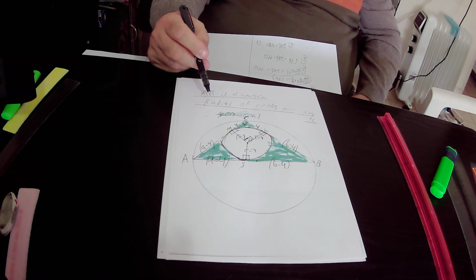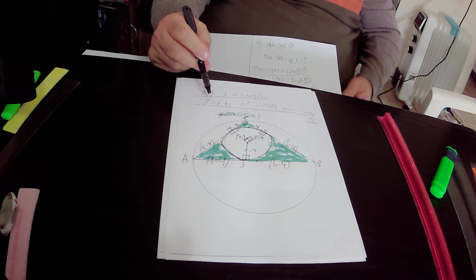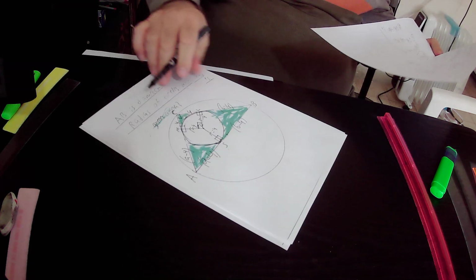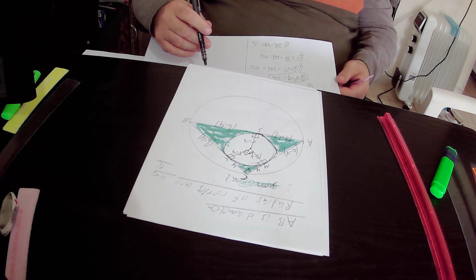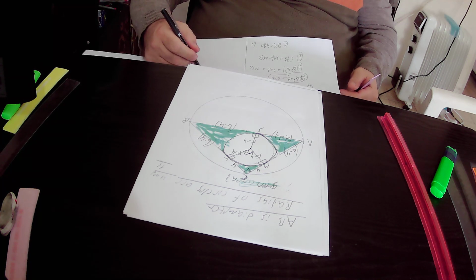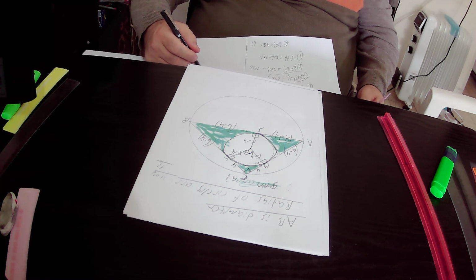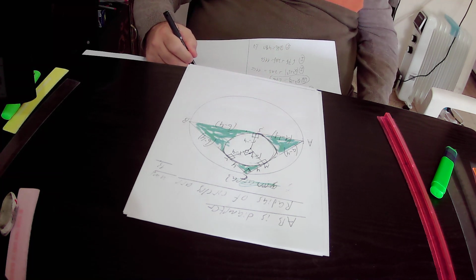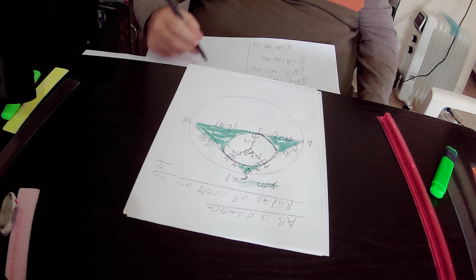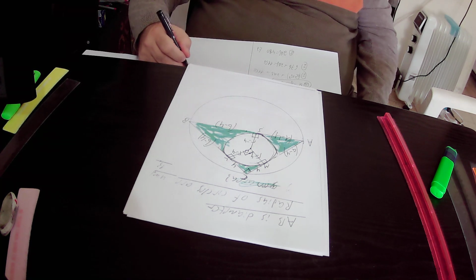The area of triangle ABC is equal to the base of the triangle, which is AC, times the height to the base, which is CB, over 2.